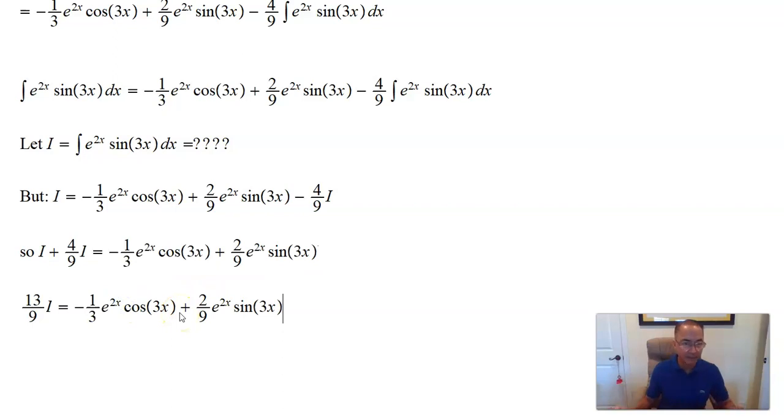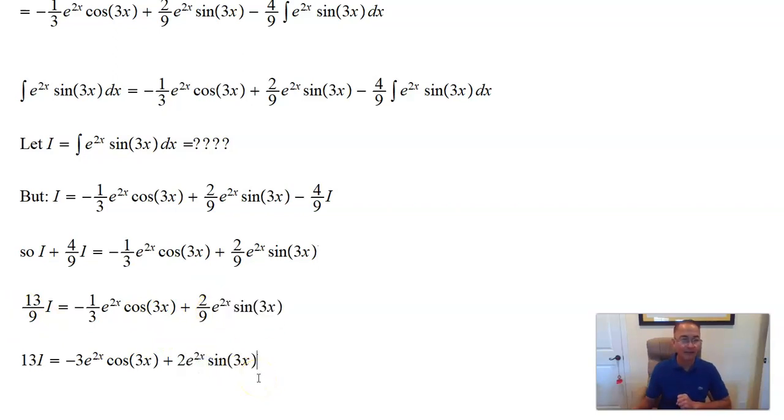Ooh, awesome. So, clear the 9. We get 13 I equals, 9 cancels partially with the 3. We're left with a minus 3 though. Minus 3 e to the 2x cosine 3x plus 9 cancels with that 9, so that's going to be plus 2 e to the 2x sine of 3x.